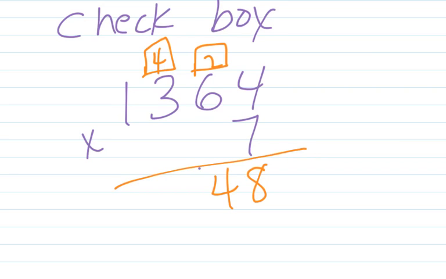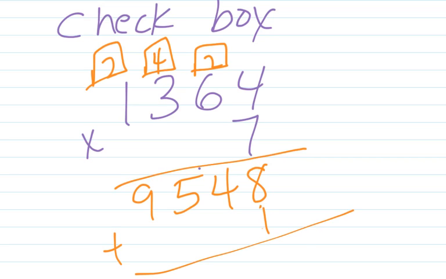7 times 300 is 2,100, plus 400 is 2,500. So I bring down my 500s, and I'm going to regroup my 2,000s. 7 times 1,000 is 7,000, plus 2,000 is 9,000, plus 1, should have put that plus right there, plus 500 and 40 and 9. I ran out of paper, so let me write this on the side here.